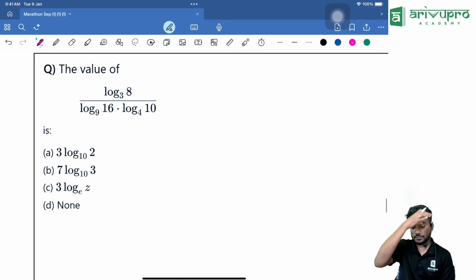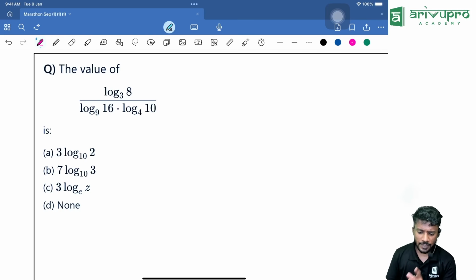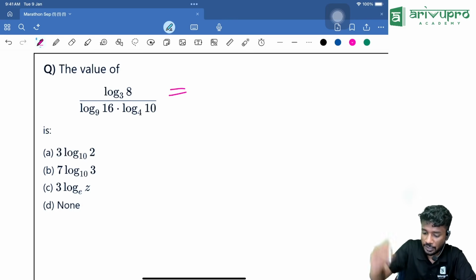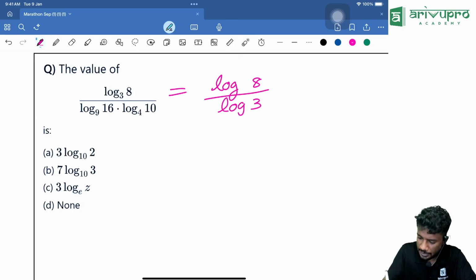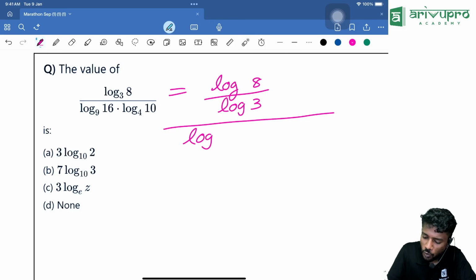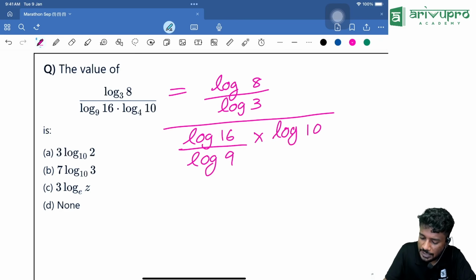Look at this. Can you solve this? Look here, the bases are not the same. When the bases are not the same, what are we going to do at the end of the day? We will split them. First, can I write log of 8 divided by log of 3, divided by log of 16 divided by log of 9, into log of 10 divided by log of 4?